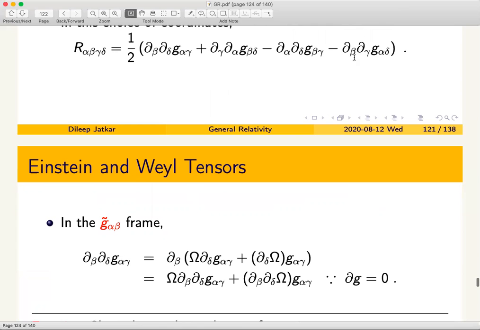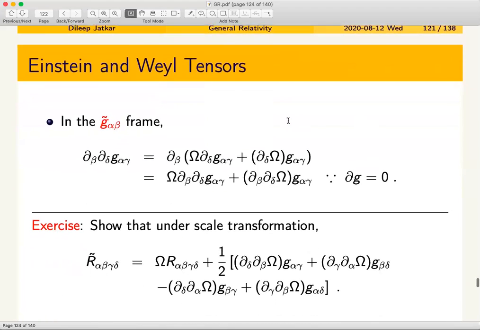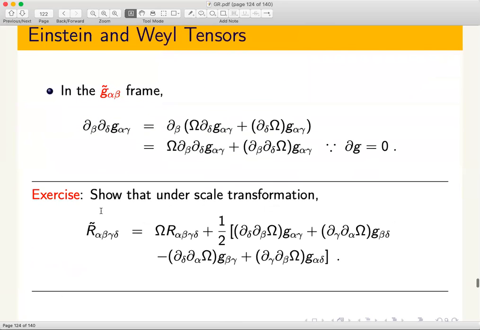Plug it into this expression. Here's a small exercise. If you do that, then you get R tilde equal to omega times R plus half times second derivative acting on omega times G plus second derivative acting on omega times another component of G, and so on. You get four terms like that.